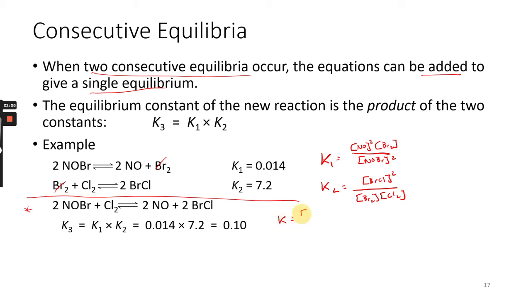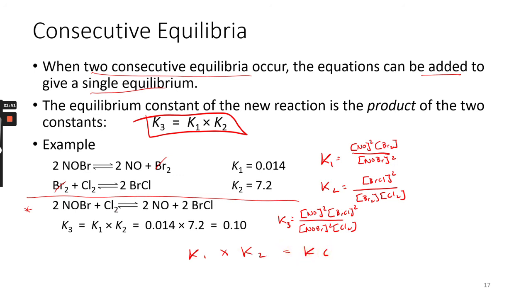You have your products divided by your reactants. And they tell us that if we multiply, we'll call this K3, K1 times K2, we should get K3. So let's do that.